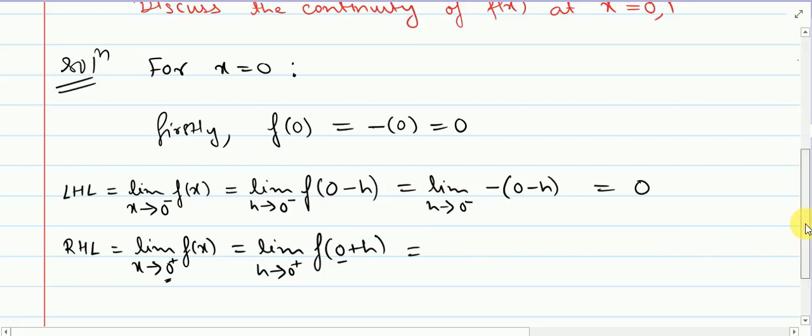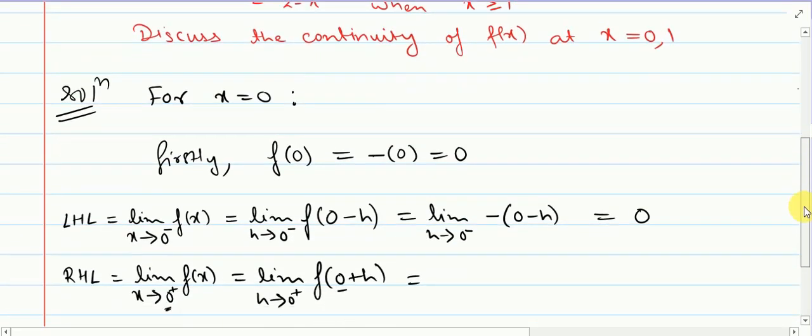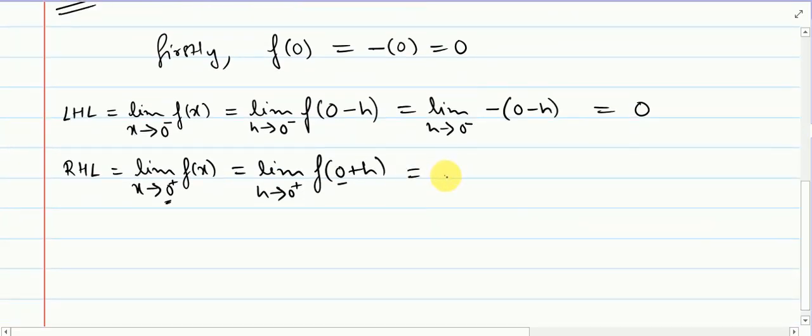So if you have something greater than 0, then it will fall in this one. The answer will be x, f of x will be x. So here we'll get limit 0 plus h. If you put h equal to 0, you are getting 0, a definite value.